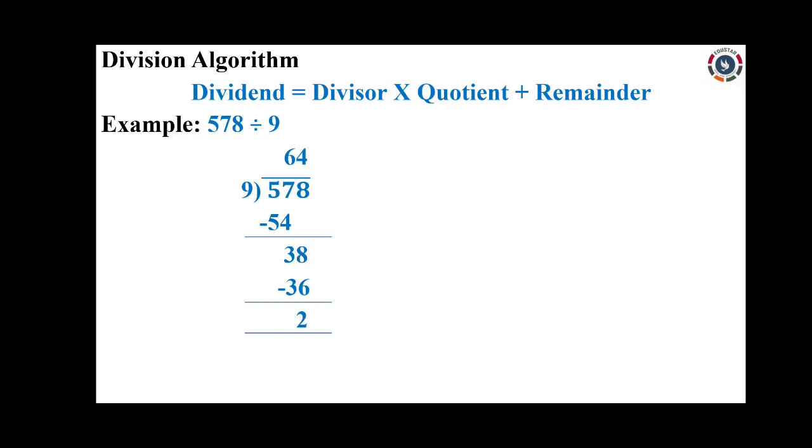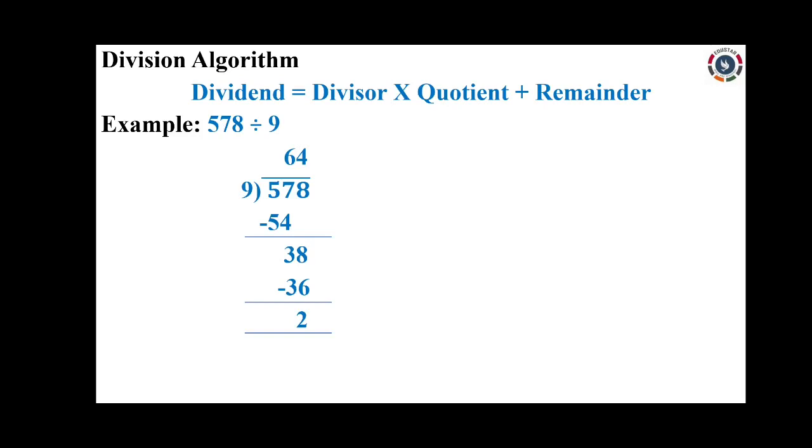Can 57 be divided by 9? Yes. 6 9s are 54. So, write 6 in the quotient and 54 down of the dividend. 57 minus 54 is equal to 3.